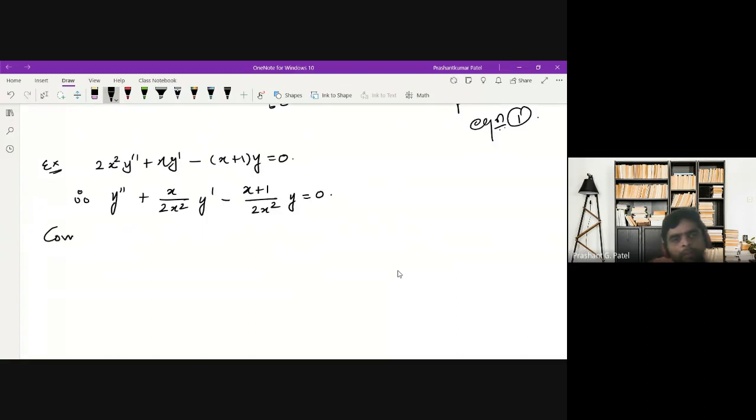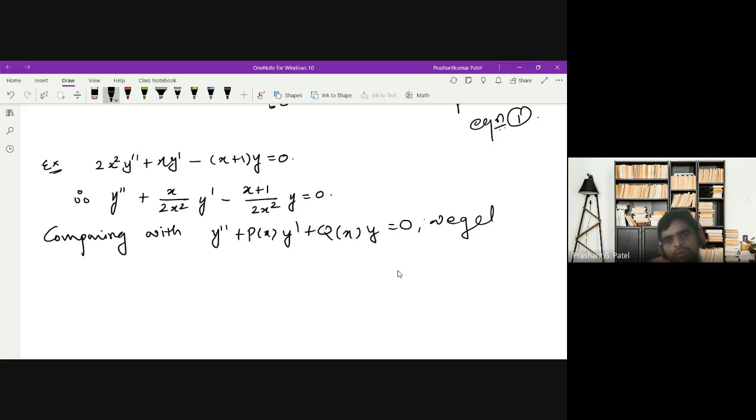Now if you compare this equation with y double dash plus p of x y dash plus q of x y equal to 0, we get p of x equal to 1 upon 2x and q of x equal to minus (x plus 1) upon 2x square.